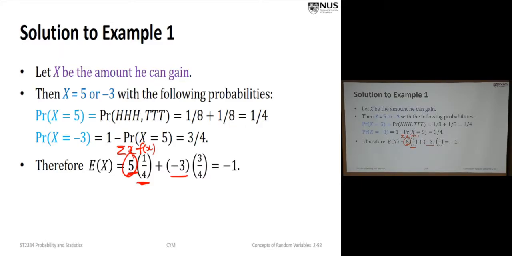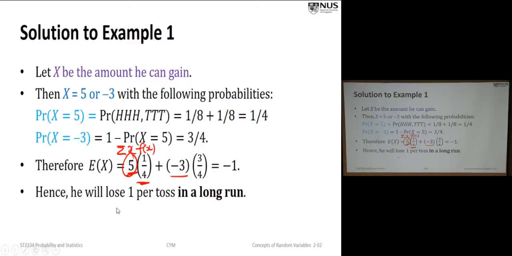So you have to figure out a number to make it a fair game. Okay, so we lose 1 per toss in the long run. This is important, how you interpret it. That means you repeat this experiment many, many times, then in the long run, you lose one unit per game.